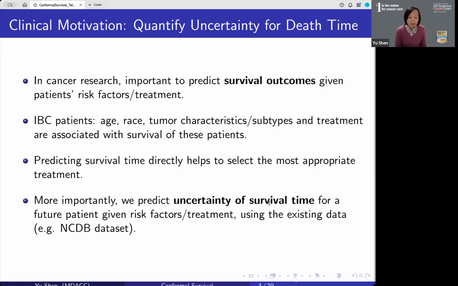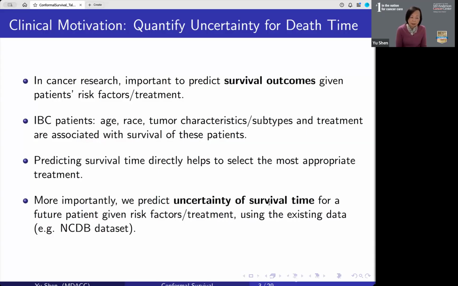We have this relatively large dataset from the National Cancer Database. We have information for individual patients: baseline characteristics, tumor characteristics and subtypes, and the treatment they received. We also observe time to death for those patients.